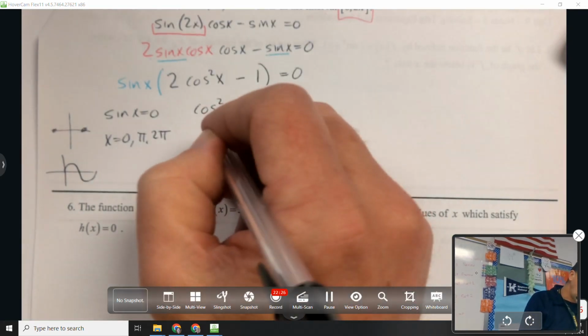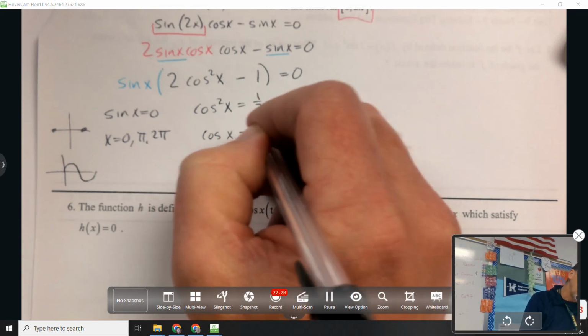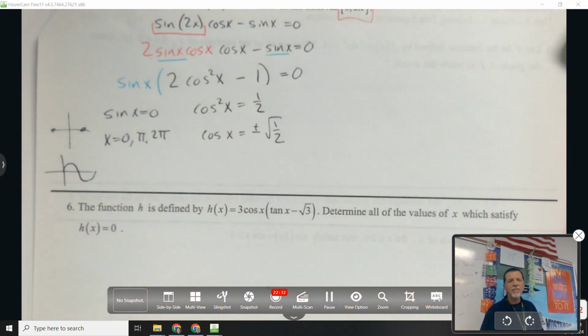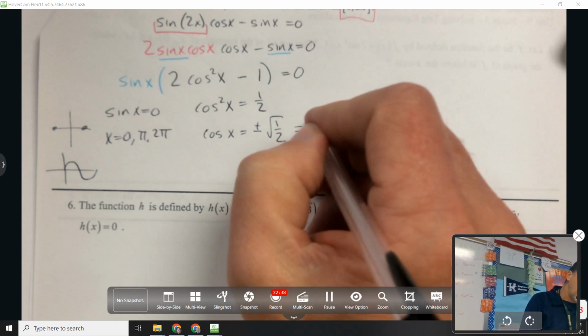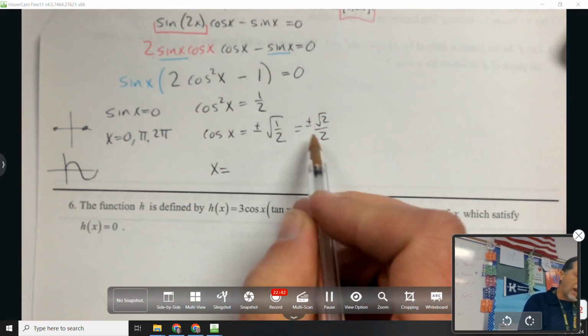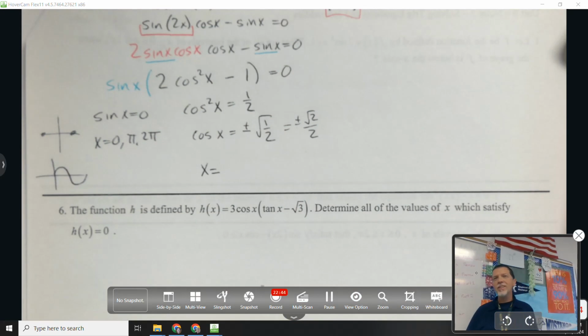Square root both sides. Cosine of x is plus or minus square root of 1/2. That doesn't look like a unit circle type of thing until you fix it: root 2 over 2. And it's nice when the plus or minus is on there, because then you don't even have to think about all students take calculus, because you want all of them anyway.